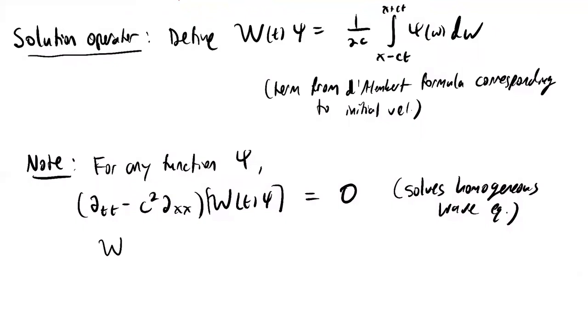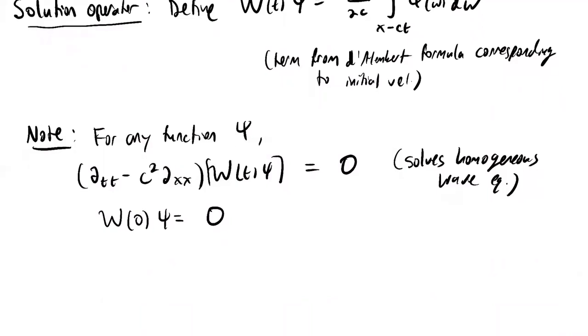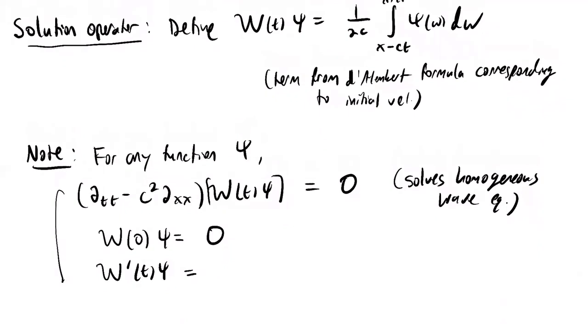And moreover, if I set t equals 0, this just spits out 0, because I'm integrating from x to x. If you just integrate over one point, you get 0. And finally, if I differentiate this with respect to t, the derivative with respect to t of the integral is just psi of x.